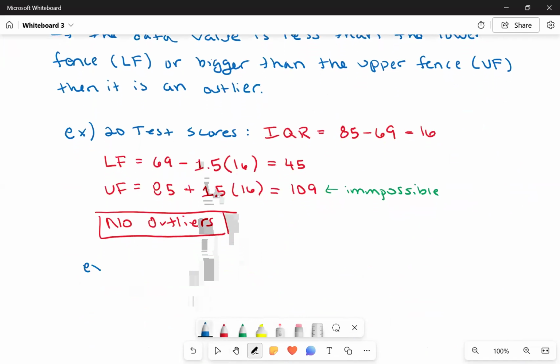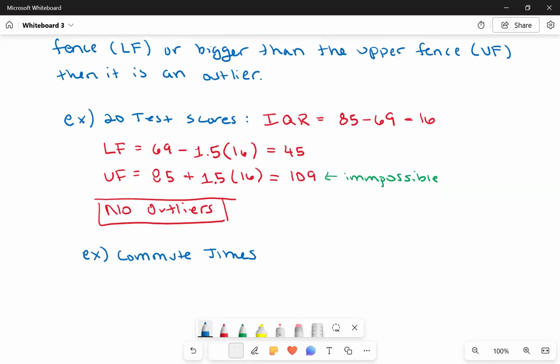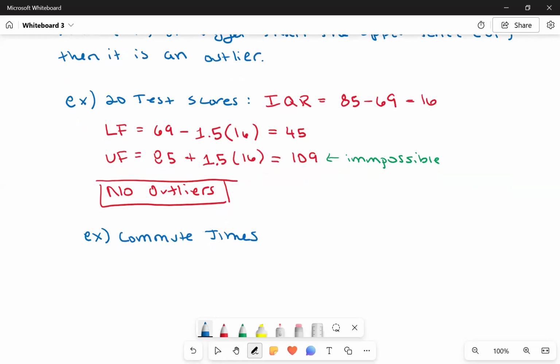I want to go back then to the commute times. And I'm going to write it in order really quick. We had 6, 10, 11, 11, 17, 18, 20, 29, and then 48.